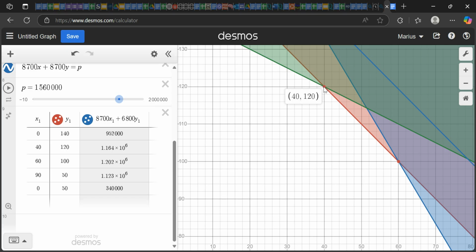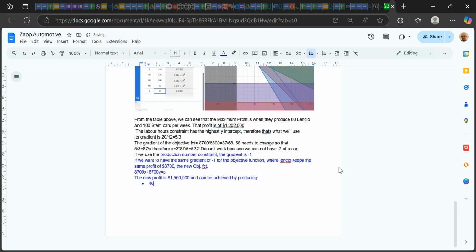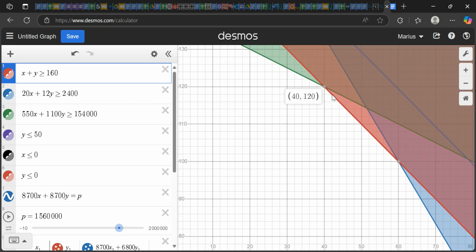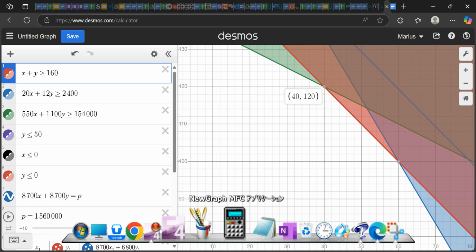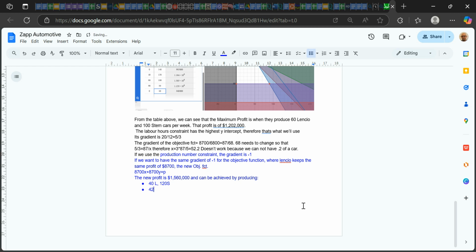So first I've got here 40, 120. 40 Lencio, 120 stem. I can do 42, 118.